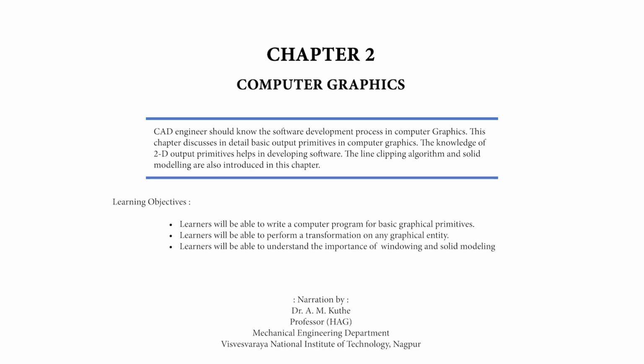If sx, sy is greater than 1, then the complete graphical entity is enlarged. If sx and sy is less than 1, then the complete graphical entity is reduced, that is, becomes smaller in size. If sx and sy is equal to 1, then uniform scaling is obtained, in which there is no change in the shape of the object. If sx is not equal to sy, then non-uniform scaling is obtained, in which the shape of the object changes.